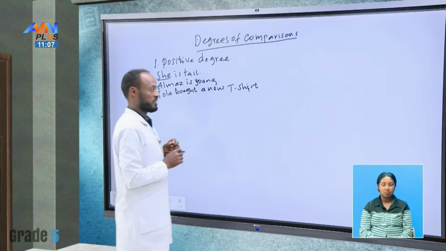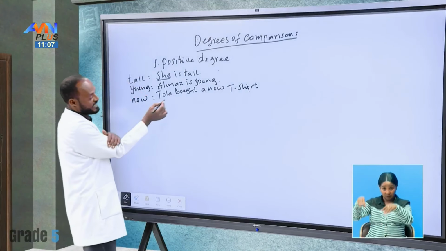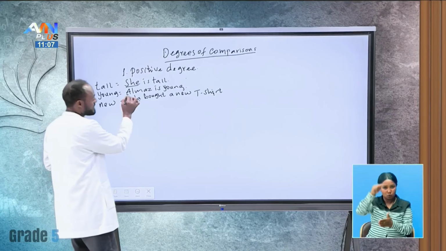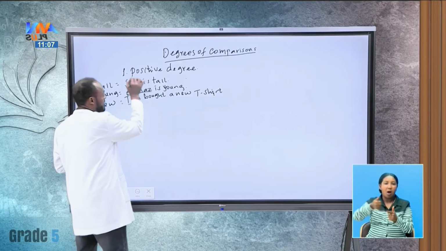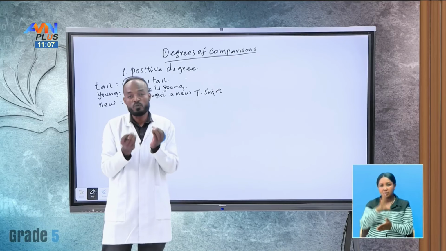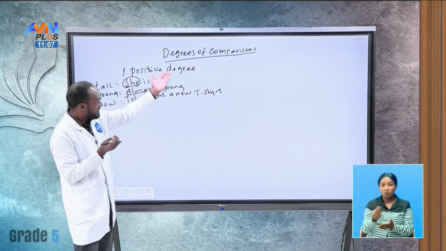A new t-shirt. Here, student, in this sentence, we're talking about Tola. And also here it says Almaz, and she's also one person. That's the reason why we're using positive degree.